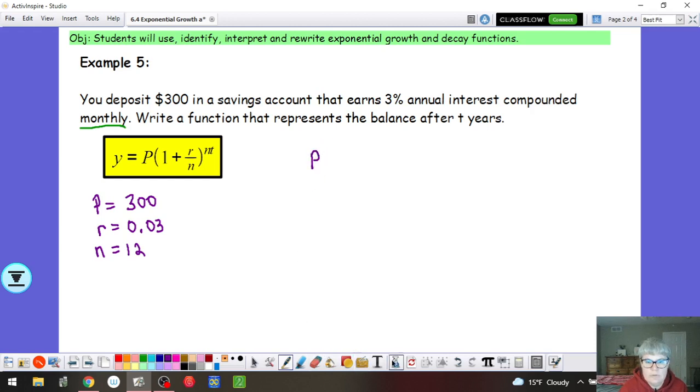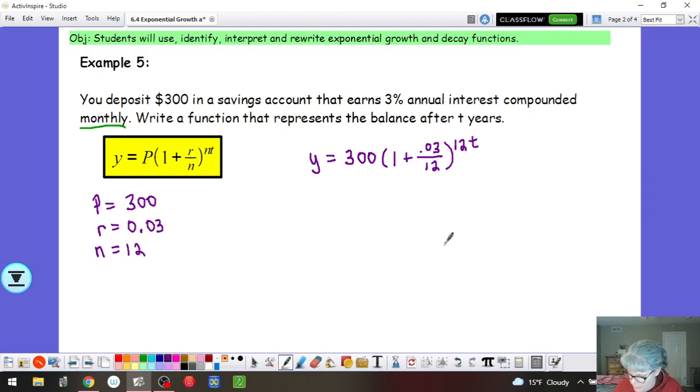y equals 300 times 1 plus 0.03 divided by 12 to the 12t power.